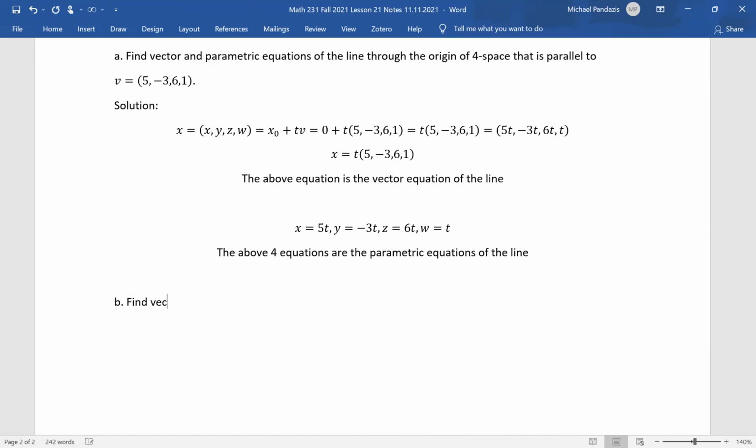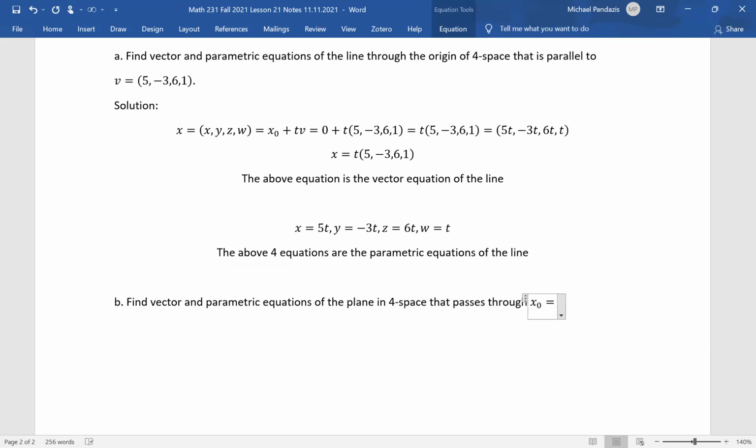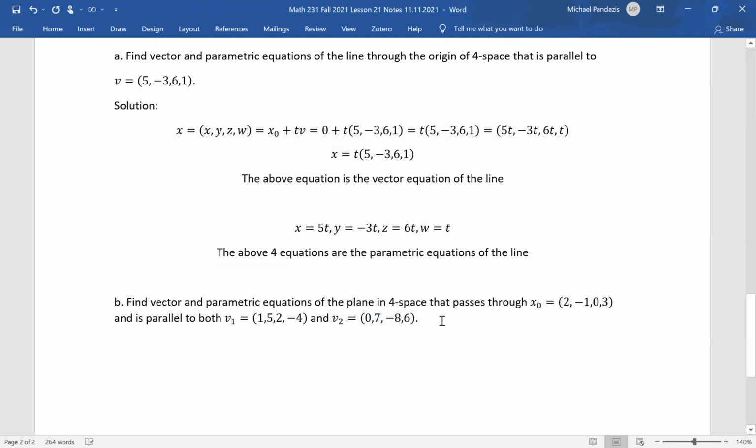Find vector and parametric equations of the plane in four space that passes through the point x naught, which is equal to 2, -1, 0, 3, and is parallel to both v1, which is equal to 1, 5, 2, -4, and v2, which is equal to 0, 7, -8, 6.